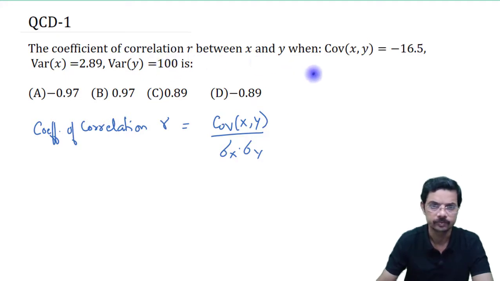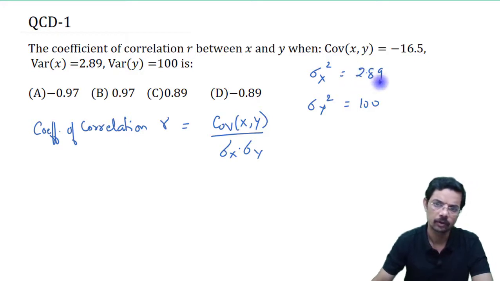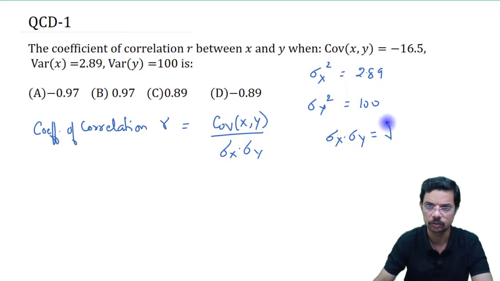So what we have is sigma x the whole square equal to 2.89, and sigma y the whole square is equal to 100. That is simple. Now sigma x into sigma y will be equal to the square root of the product of the variances, right?